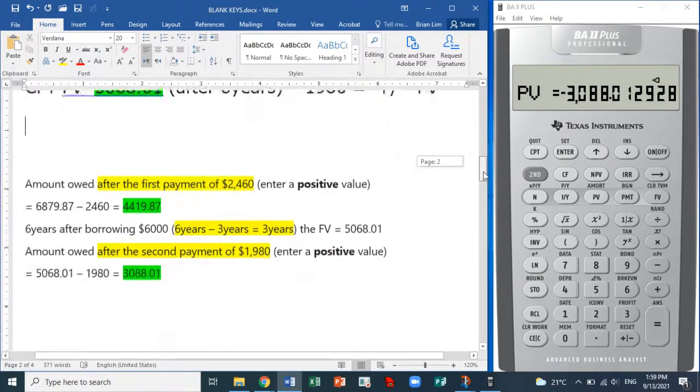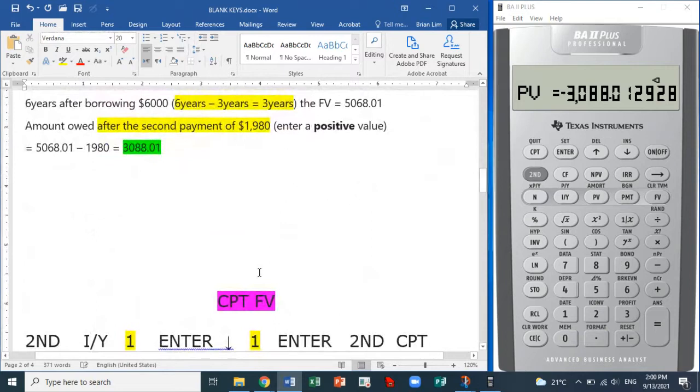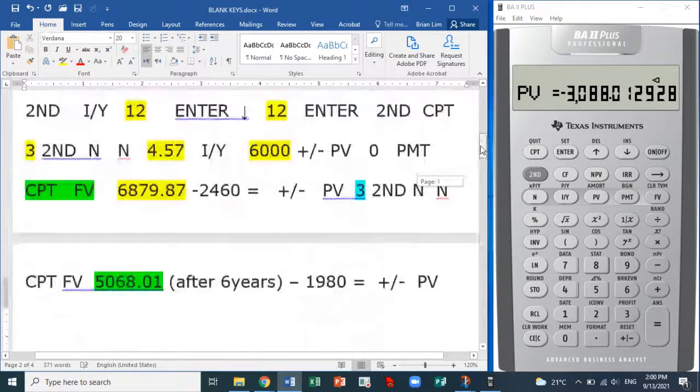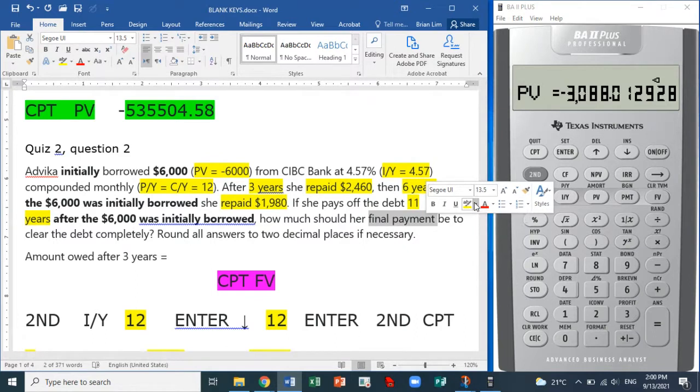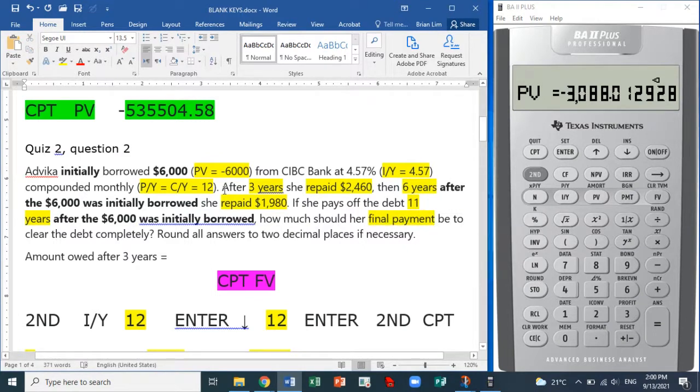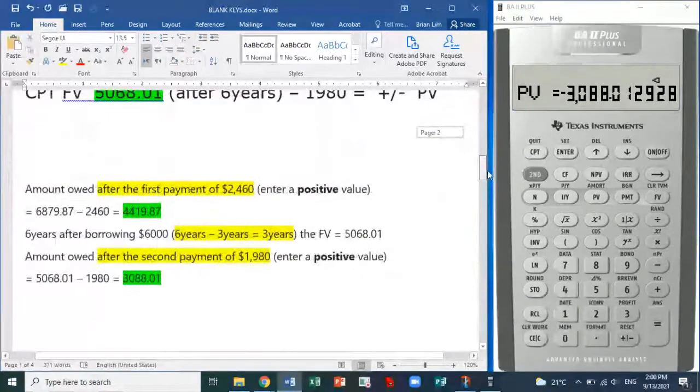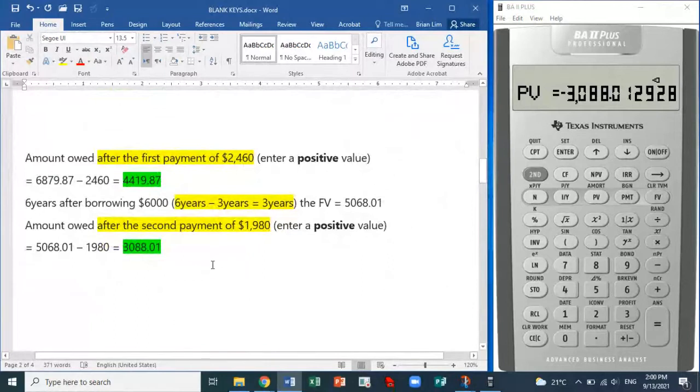Now it's after 11 years that the debt is supposed to be paid off. If she pays off the debt 11 years after the $6,000 was initially borrowed, how much should her final payment be to clear the debt? So that is 11 years. Now remember, we went from 3 to 6 and now to 11. This is the amount after 6 years, that's the future value.